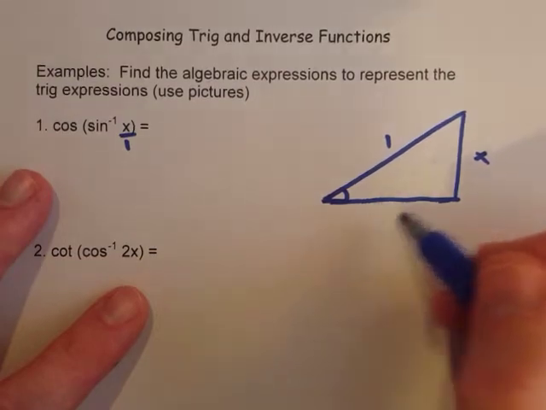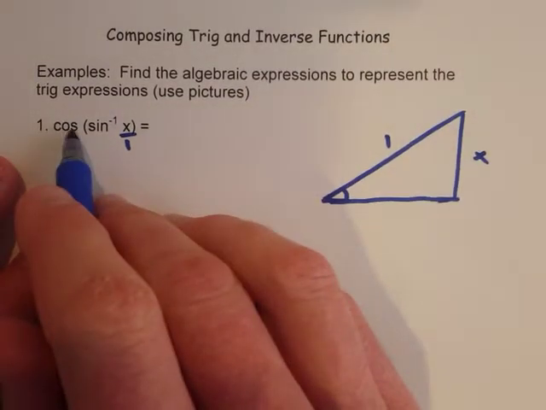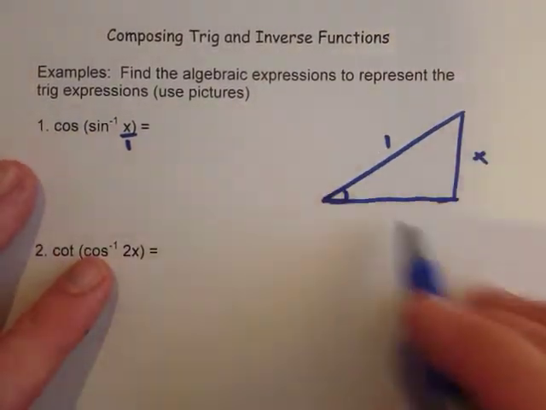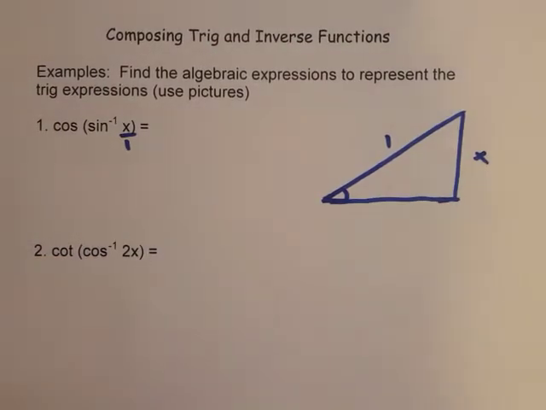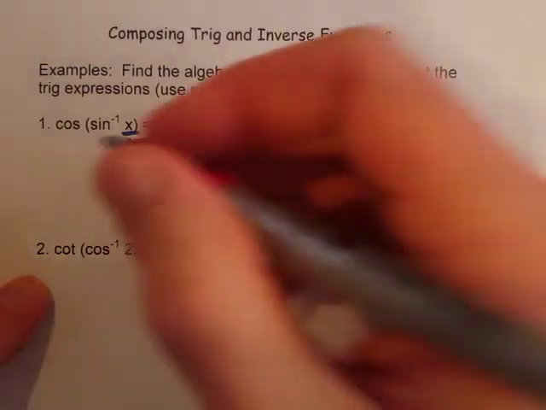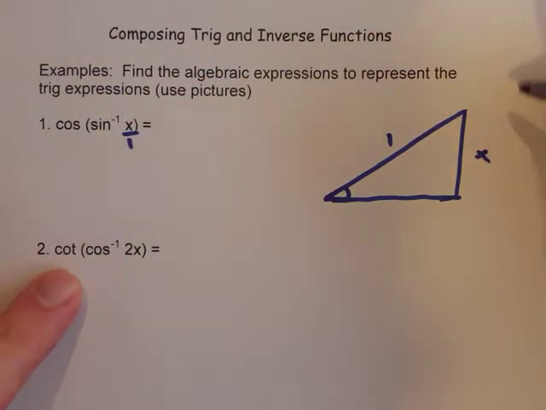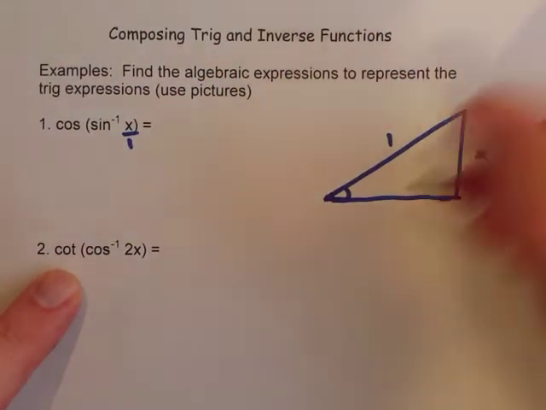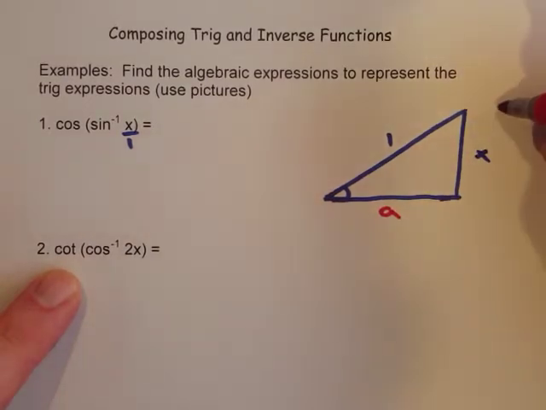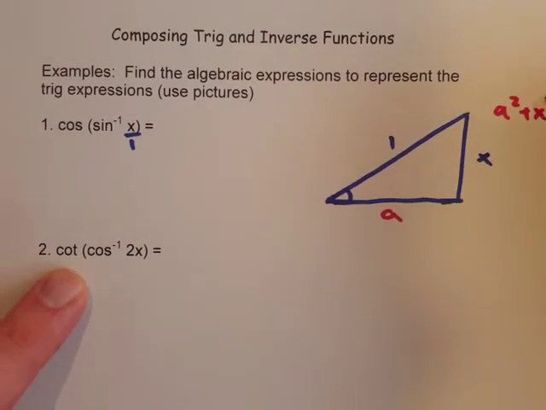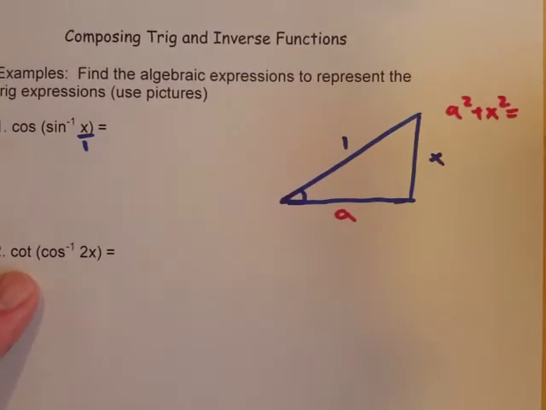If we can figure out what that third side is, then we can actually find the cosine of this triangle setup here. So what I'm going to do then is I'm just going to use the Pythagorean theorem to find that. We'll call this a. So a squared plus x squared equals 1 squared.